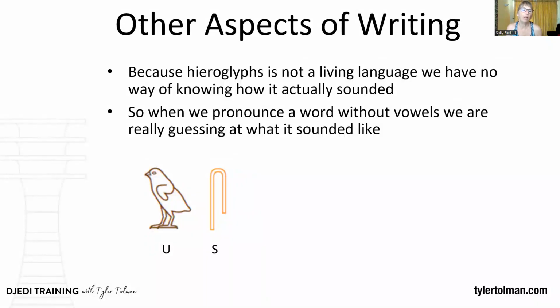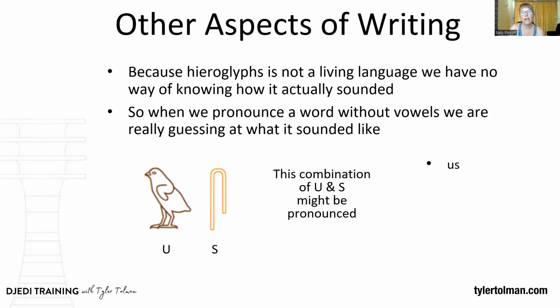So in this example here, where we've got a U followed by an S, this combination of these two letters could be pronounced us or uas, eos or us, usi, uasa, and so on. There could have been a sort of vowel pronunciation after, in between, before. We don't really know.